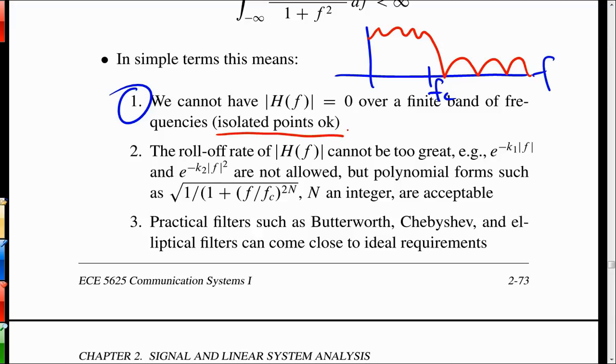The elliptic is optimal in the sense that it has the most rapid transitioning if you're trying to define a band of frequencies where you're transitioning from, say, right here down to here. It's the narrowest with the elliptic.